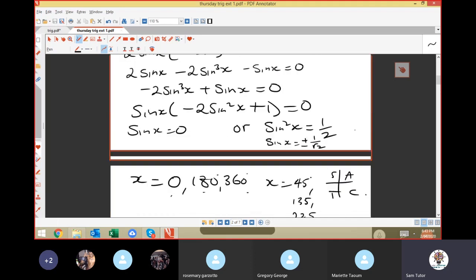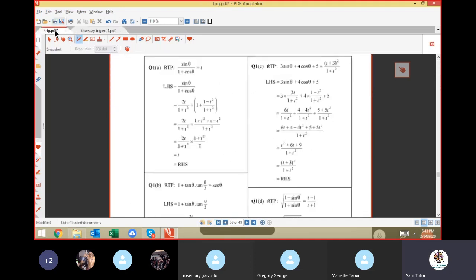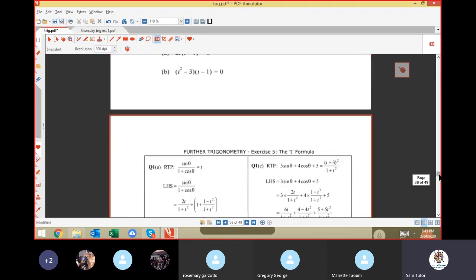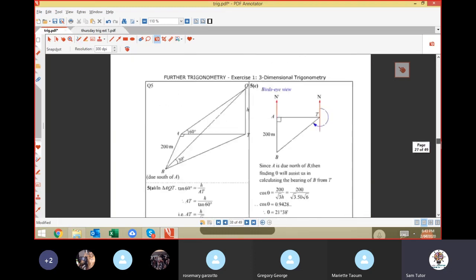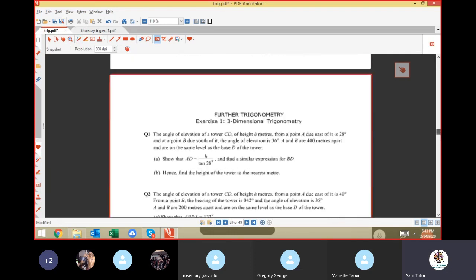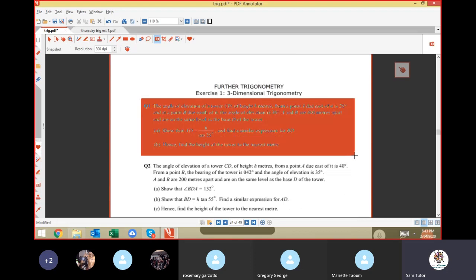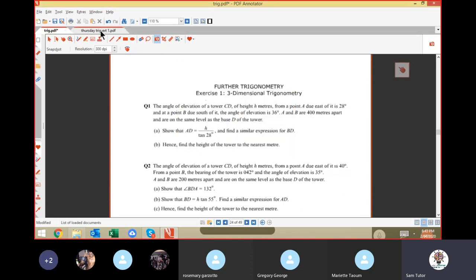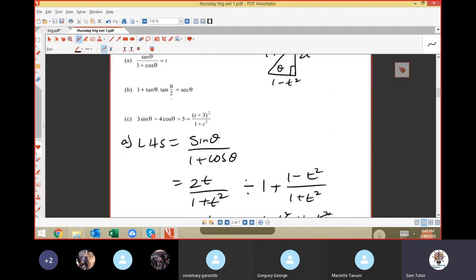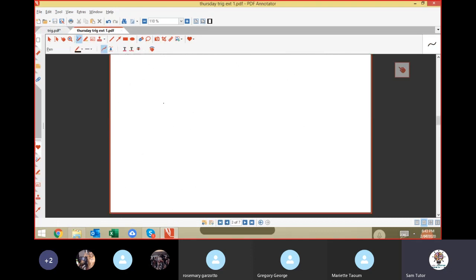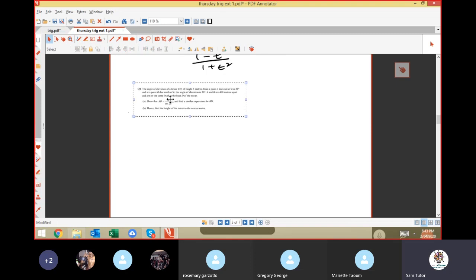Let's look at something that is actually going to be a little bit hard, which is 3D trig. So this will probably be where you might not like trig.